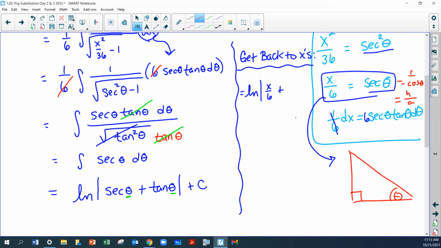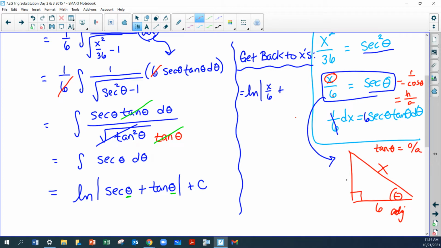So let's pop in our hypotenuse corresponds to the x, and our adjacent corresponds to a 6. That's the adjacent side. Now can you figure out tan? Well, tan is opposite over adjacent.